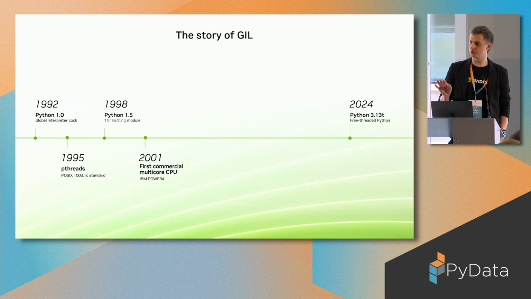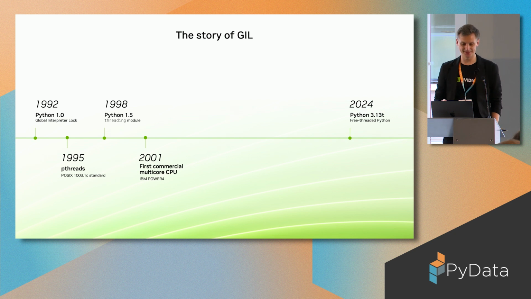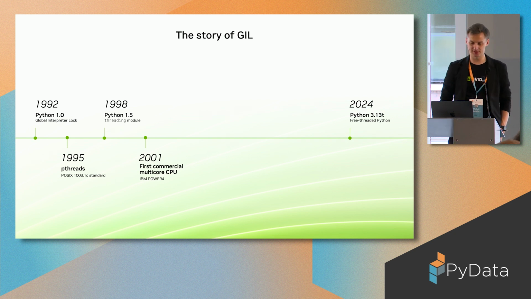I would like to show you a timeline of the GIL. The GIL was actually introduced in Python 1.0, so it's been with us since the beginning of the language. And the interesting part here is that the pthreads library, the library we are all using in C++ on Unix systems, was introduced as a standard in '95. So it's 3 years after the GIL was introduced in Python.